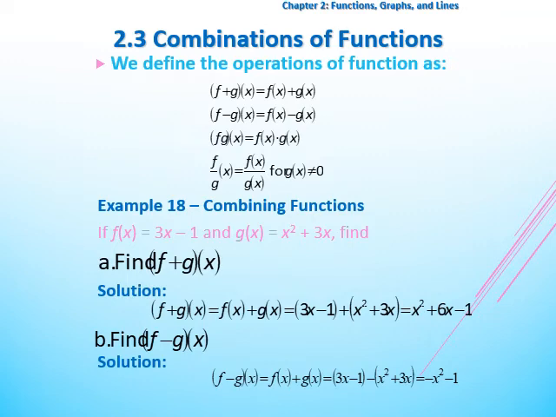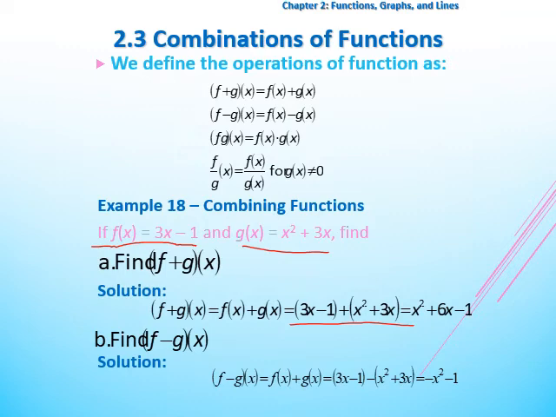If we have two functions, f of x equal to 3x minus 1 and g of x equal to x squared plus 3x, you can find the addition of the two functions by adding them together. It doesn't matter which comes first, because addition is commutative, so you can simply add f of x plus g of x like this, to get x squared plus 6x minus 1 by simplifying it.